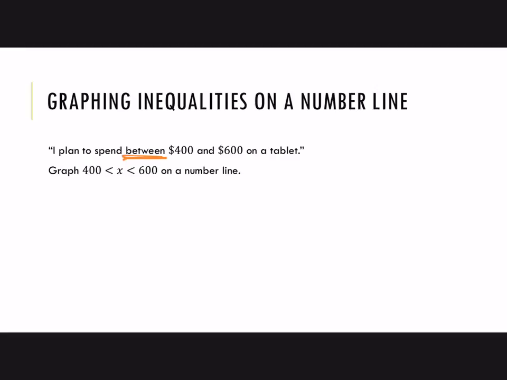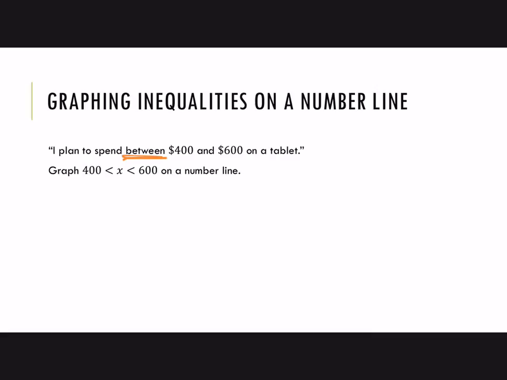It's kind of an odd way to say this. In real life, you might actually mean you're okay with spending 400 or 600, but mathematically, this would mean you're okay with spending everything that's greater than 400 up to everything that's less than 600. So you would use these two symbols.